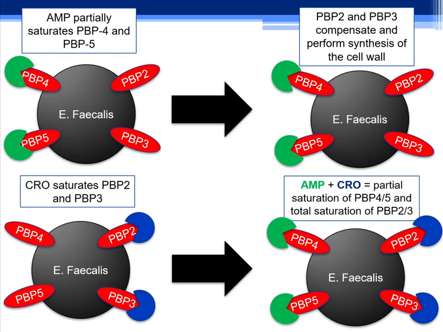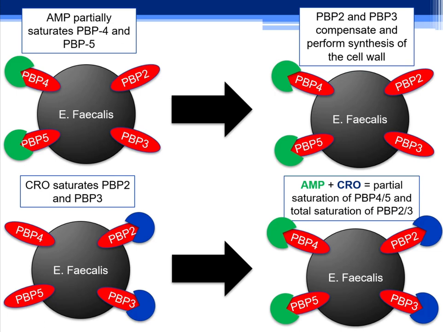So what actually happens is that ampicillin partially saturates PBP4 and 5. When that happens, PBP3 and PBP2 actually compensate to form cell wall synthesis. So we end up getting that bacteriostatic effect. You don't get the full-on killing effect that you would have liked to see, particularly in a high burden infection.